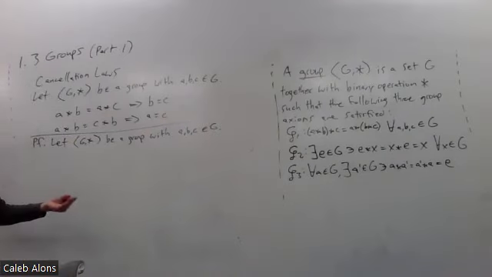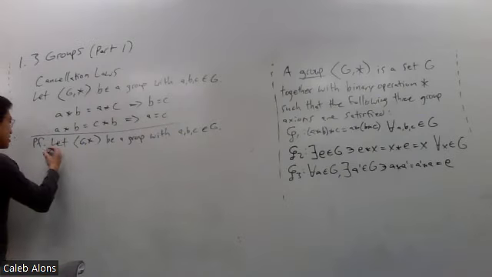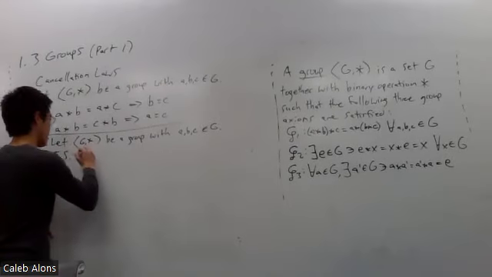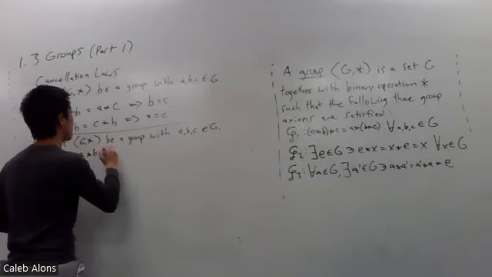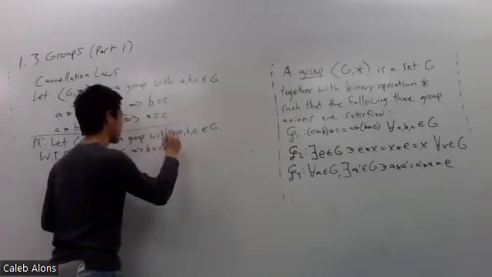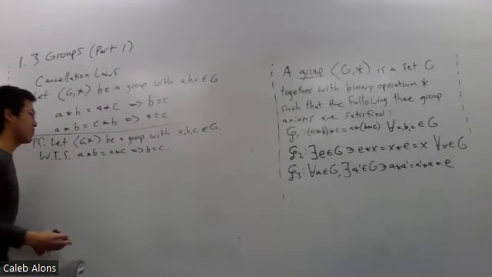Now, what's the condition? What is the goal? I'm going to introduce this little abbreviation. We want to show that A star B equals A star C implies B is equal to C. That's the goal.